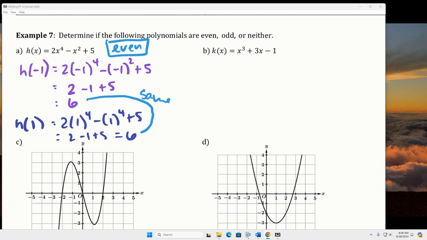All right, we'll do the same thing on B. I'll put in negative 1 for x. So negative 1 cubed is negative 1. And then 3 times negative 1 is minus 3.